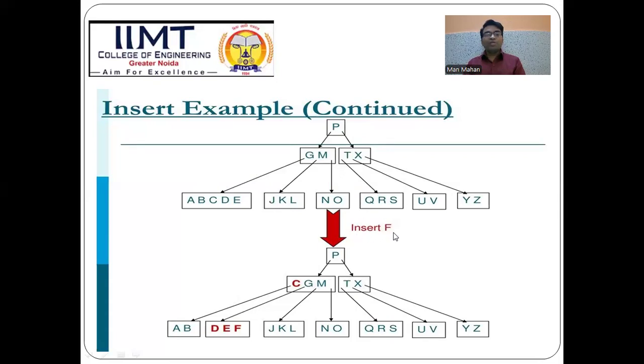First of all, we find the position for inserting F. F is inserted to the left side of G, in the node with A, B, C, D, and E. So we insert F. First of all, we split A, B, C, and D, and we promote C to the parent node. A, B is split into one part, and D, E, F into another part. So we insert F like this.